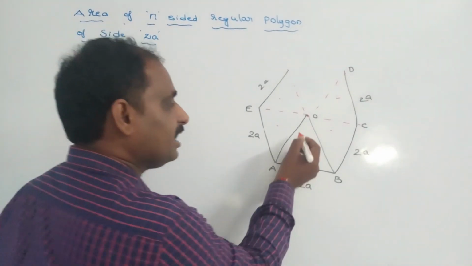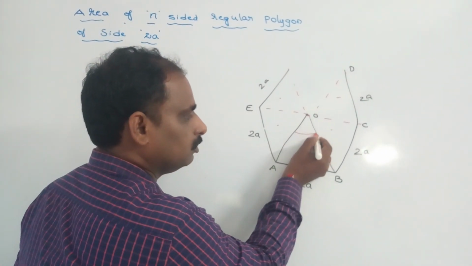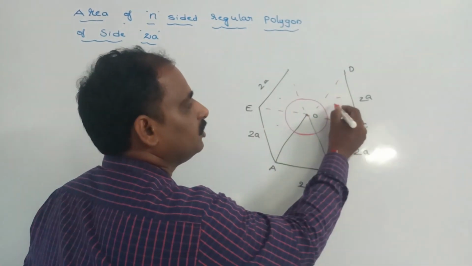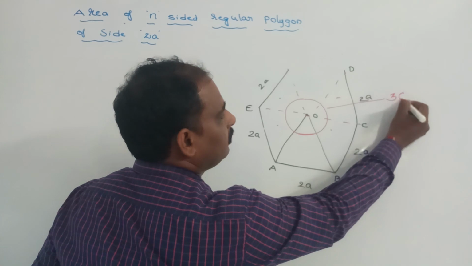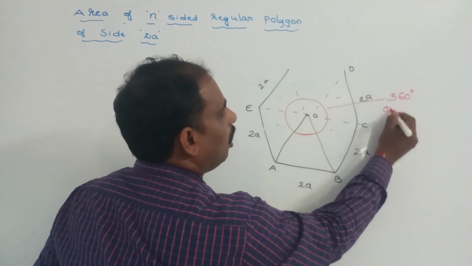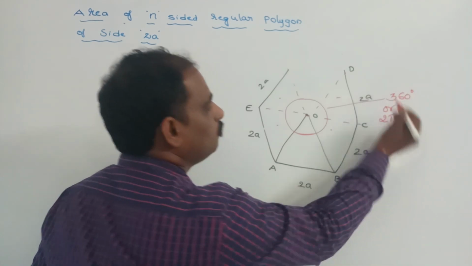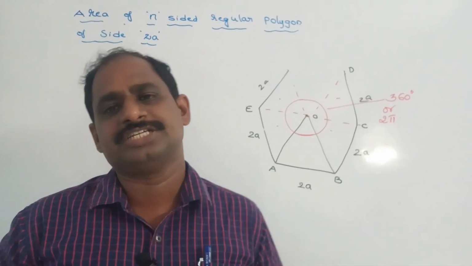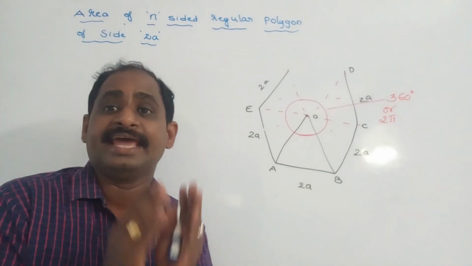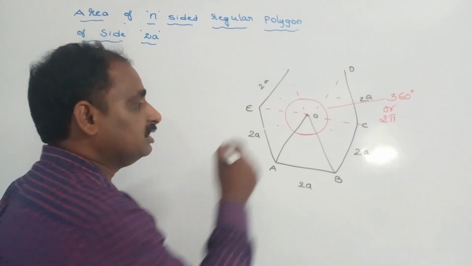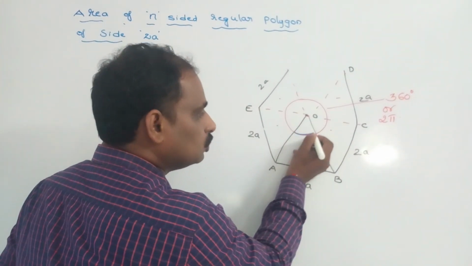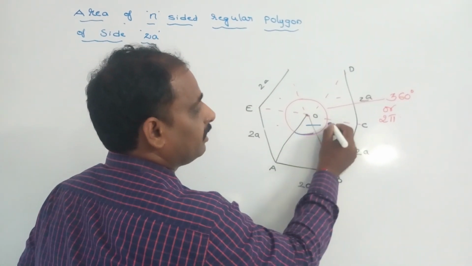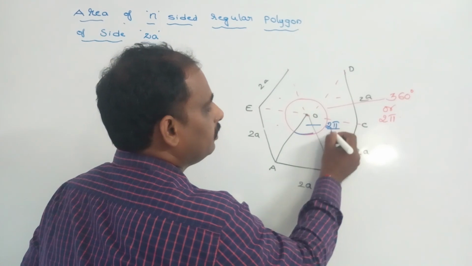Now what is the angle formed here? What is the angle at the center? We know it is always 360 degrees, or 2 pi. So the angle at the center is 360 or 2 pi divided among n sides, so this angle becomes 360 by n or 2 pi by n.